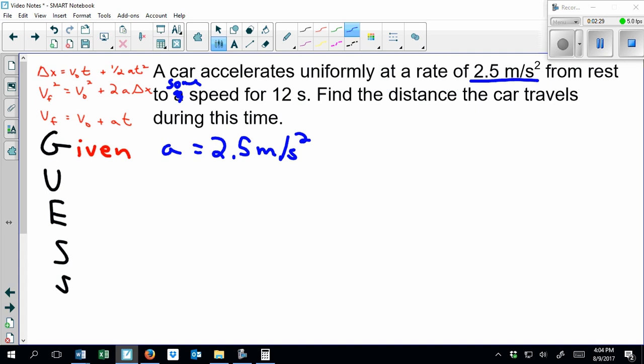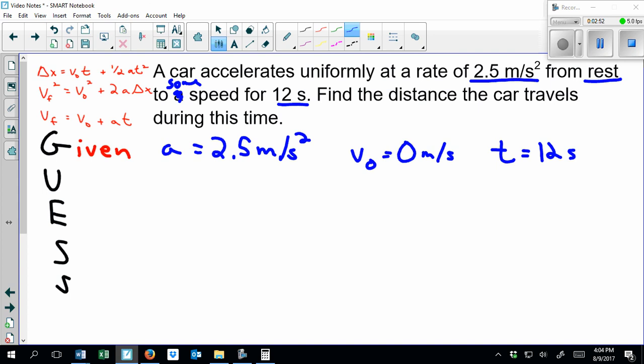Moving on, it says from rest. That is a huge keyword. Whenever you see rest, it means that there is a velocity that is 0 meters per second. And in this case, because it's starting from rest, it's my initial velocity. And it says it goes to some speed, and it is doing that acceleration over a period of 12 seconds. So that means my time is 12 seconds.